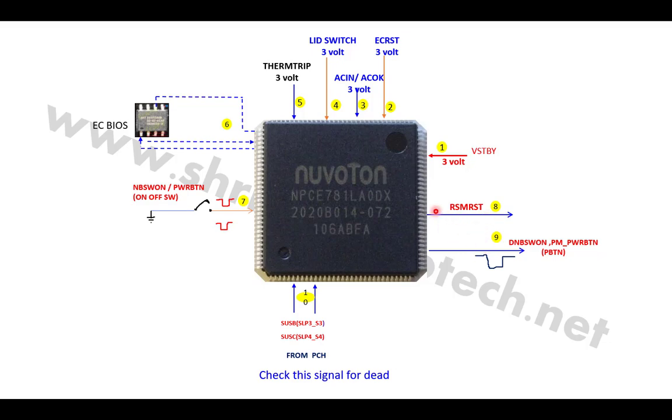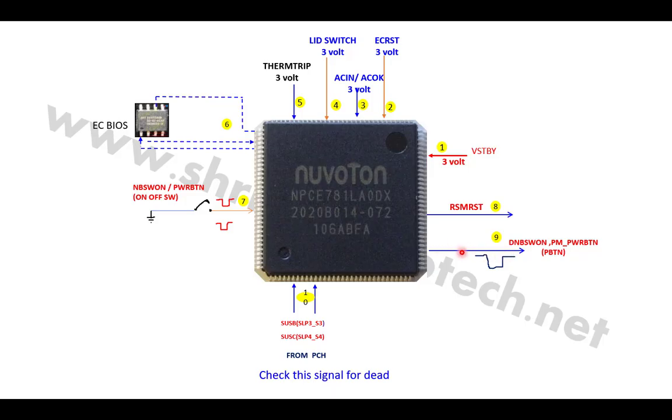The signal names are RSM RST and the DNB WR on, or the PM power button, or PBTN, either of these names. This is called the post power button, or the after power button press, and this signal is going to the SOC and informing the SOC that the power button is pressed. Now what to do?